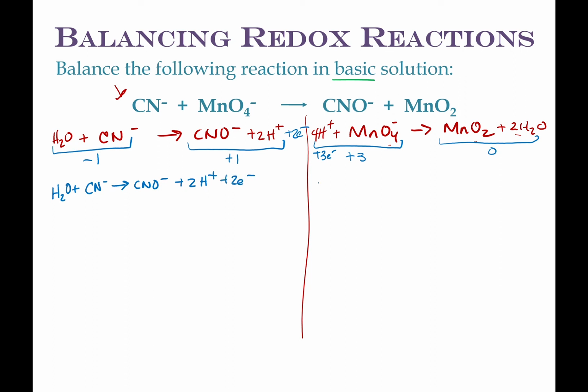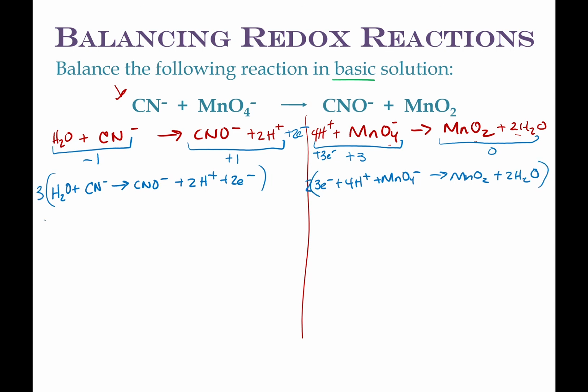And here we have 3 electrons plus 4 H+ plus MnO4- goes to MnO2 plus 2 H2O. All right, one of them has 3 electrons transferred and the other one has 2. So we're going to multiply this one by 3 and this one by 2.